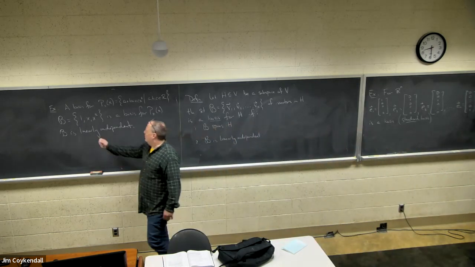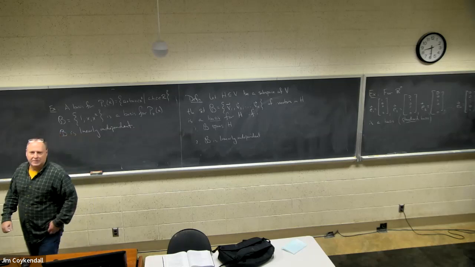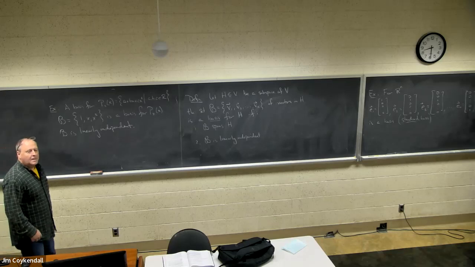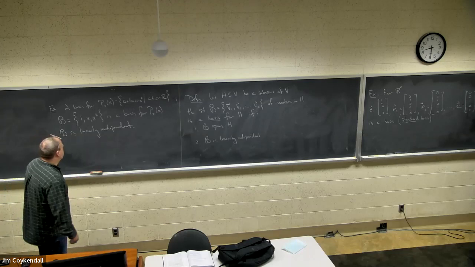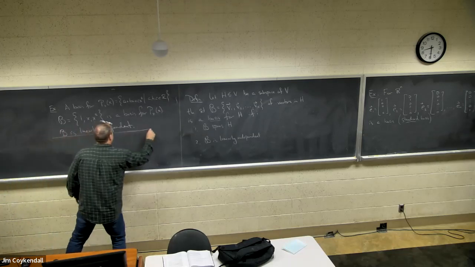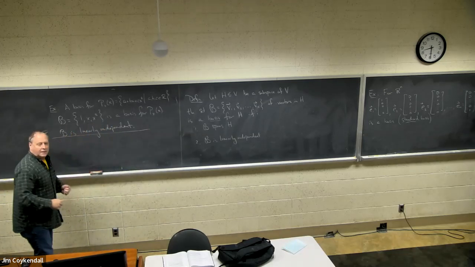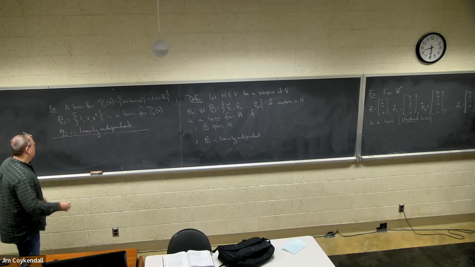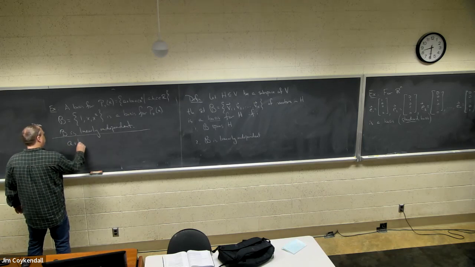Why does this span all the polynomials of degree 2? A typical garden variety degree 2 polynomial looks like this.